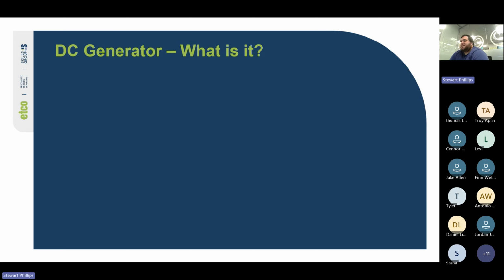So what do you guys understand about a DC generator? What is it? Generates DC. Not quite.